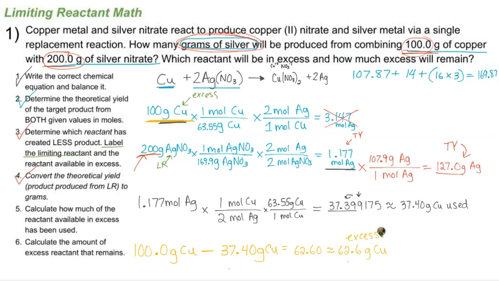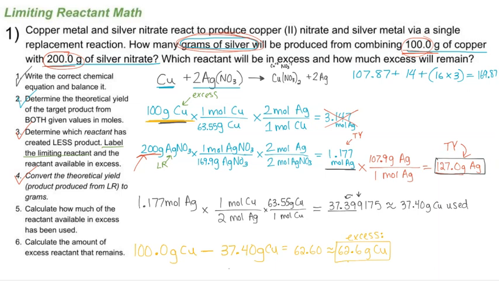So I'll label it as such, and we'll box in that excess. And then just to go back to make sure we've answered all of the things the question has asked us for, it said how many grams of silver will be produced, so that would be here. So I'm also going to box that answer in. So we're going to produce 127 grams of silver.